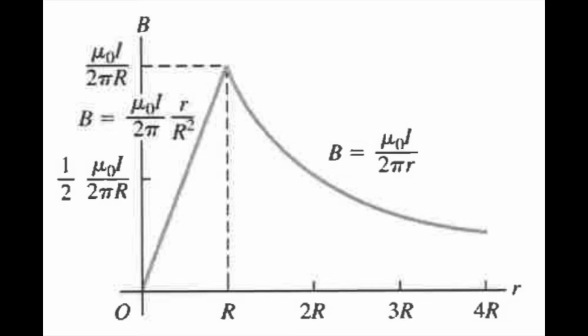You're not going to be asked to do that, but you can see, right, we skip down to where you see that graph, that B is given by mu naught I over 2 pi big R squared and then little r on the top. It looks just like the stuff that we saw for electric field inside a solid insulator or a solid body for the gravitational field. And then B outside is what we had before, mu naught I over 2 pi r.